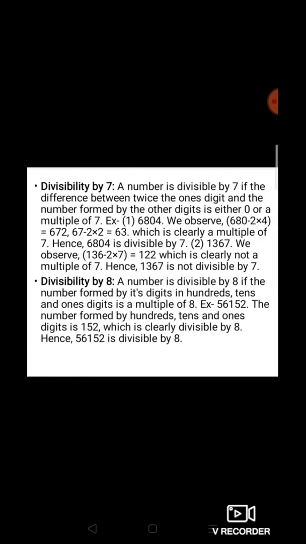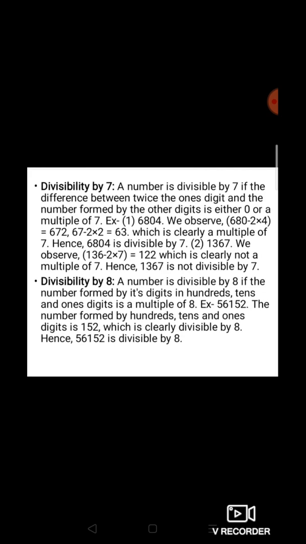A number can be said it is divisible by 7 if the difference between twice the ones place digit and the number formed by the other digits is 0 or a multiple of 7. We take an example. Example 1 is 6804. Here we will take the ones place digit.